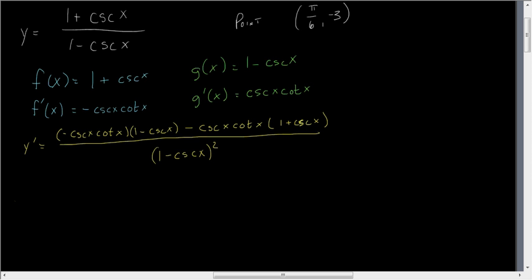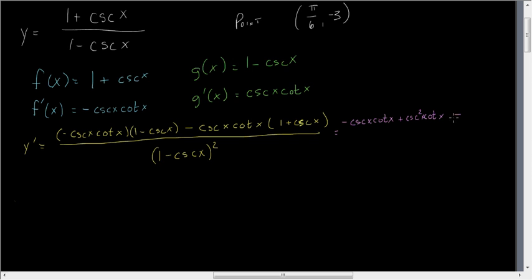All right, so let's go ahead and see if we can't clean this up just a little bit. So we've got a negative cosecant cotangent times 1 for negative cosecant cotangent. And then we've got a positive cosecant squared cotangent. I think I'm going to run out of room here, so I apologize, I'm going to have to continue this down on the next level.